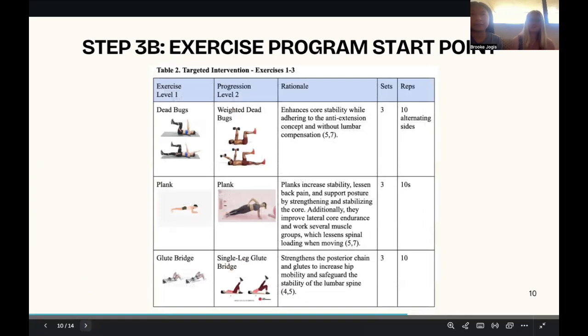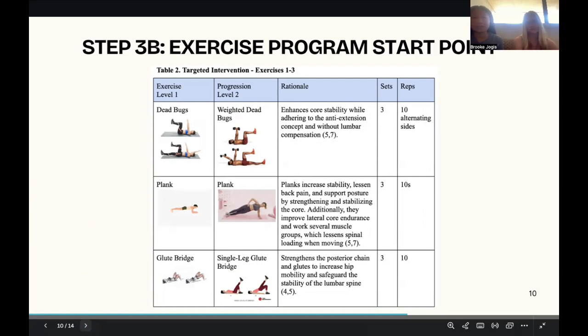For step 3B, the first 1 to 3 exercises focus on anti-extension control and hip-driven stability. For the first one, we did dead bugs, which strengthen the transverse abdominis, promoting lumbar control against extension, 3 sets of 10, alternating each side.